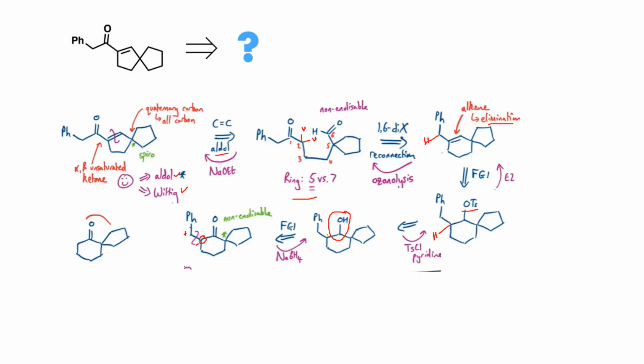So you get this one along with benzyl bromide. This can be performed through enolate chemistry. This can be formed through enol formation.